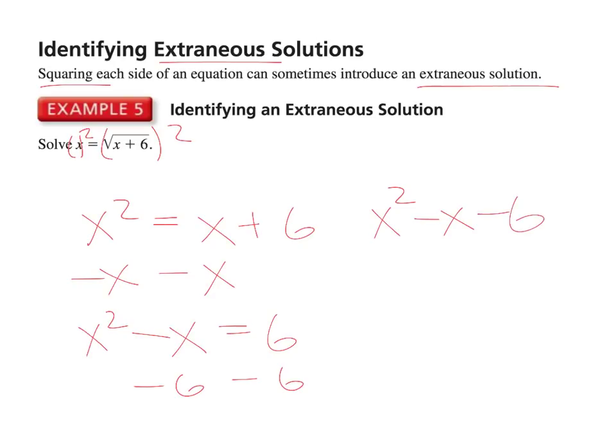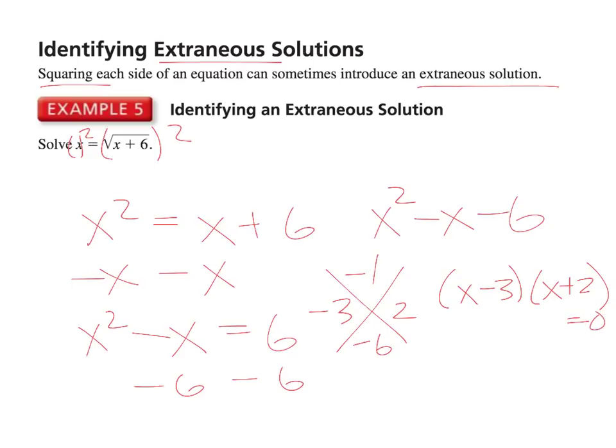Then I use the big X method. What two numbers add up to negative 1 and multiply to give me negative 6? That would be negative 3 and 2. So I end up with x minus 3 times x plus 2, and that's equal to 0. So I solve, and I get x is equal to 3, and x is equal to negative 2.